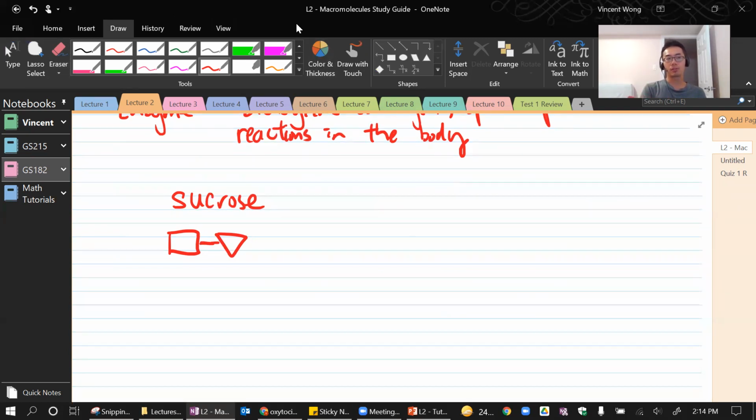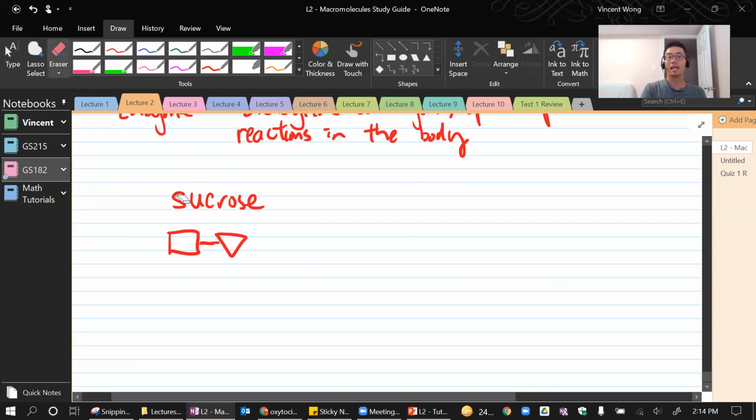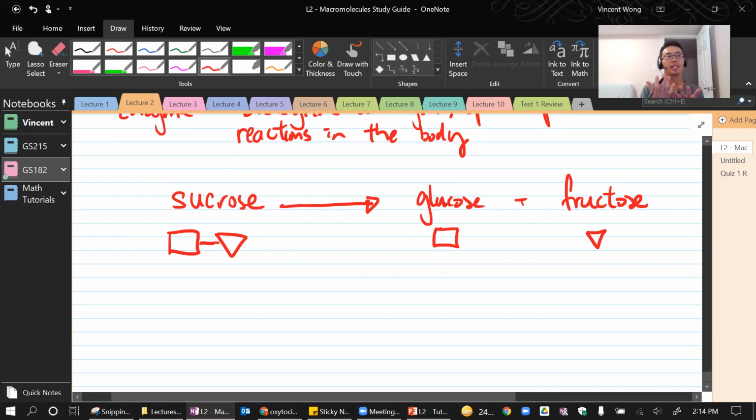Now, you look at the sucrose in your kitchen, you come back like 10 years later, if you don't touch it, it is still going to be sucrose. It is not going to naturally break down into glucose and fructose. It's not going to happen, okay? Because if it's just sitting there, it doesn't have the necessary energy for this to take place, right?